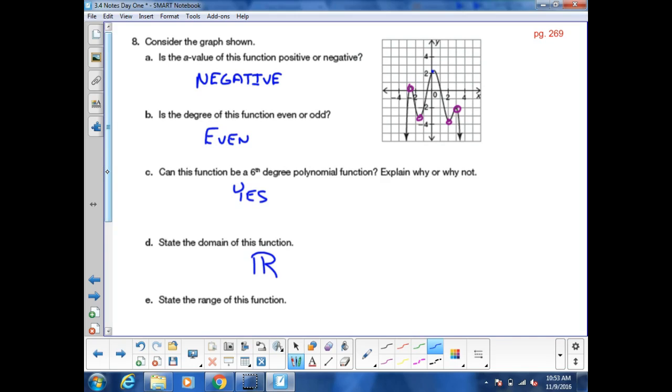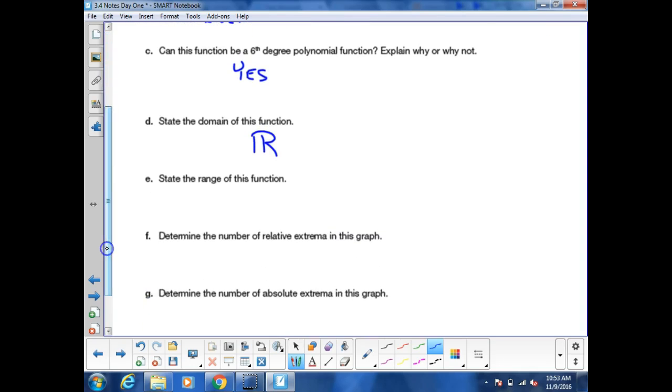Okay. And it's all below that, right? So my range would be y is less than or equal to approximately 2 1/3. That's my restriction. It will never get bigger than that. So I cannot have an output of 15 from this particular function because it doesn't fit into my range.